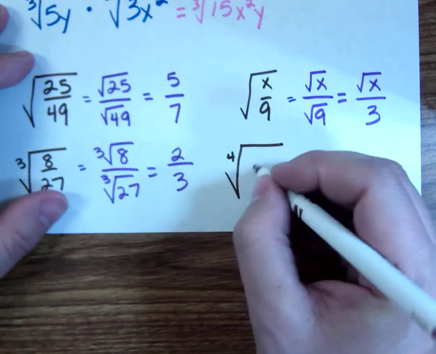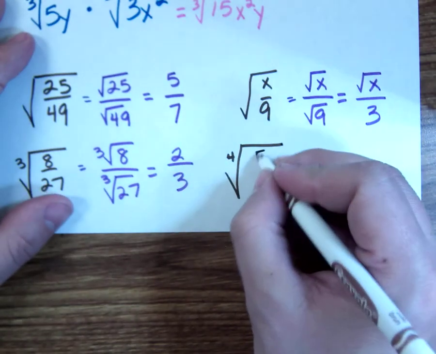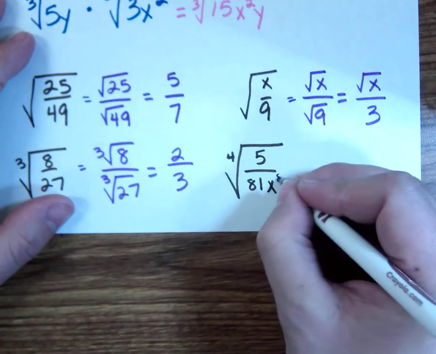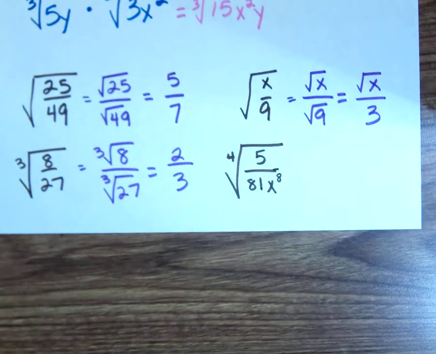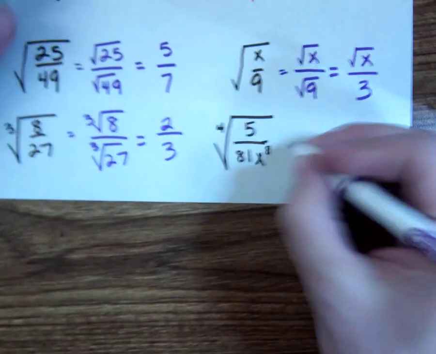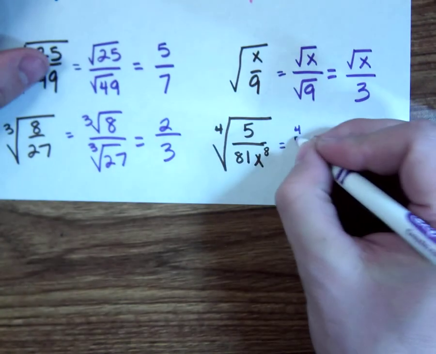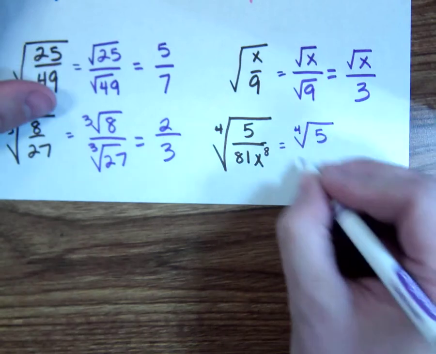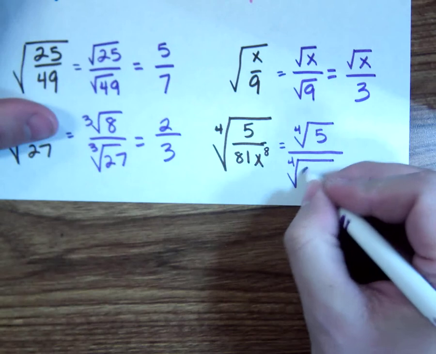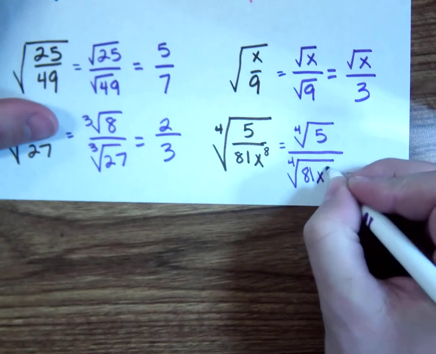Let's do a fourth root one just to really ruin your life. So this is going to be the fourth root of 5 on top, and the fourth root of 81x to the 8th on the bottom.